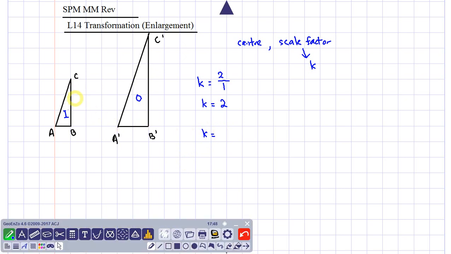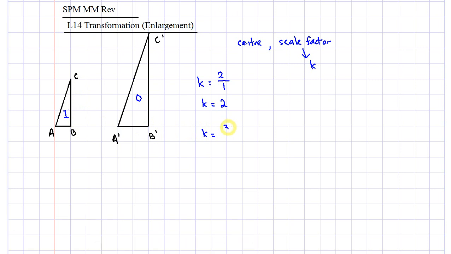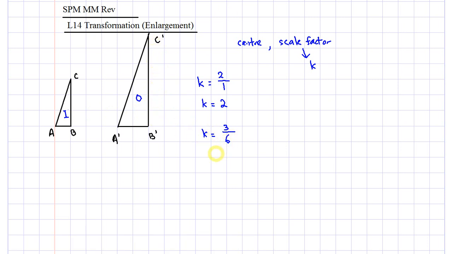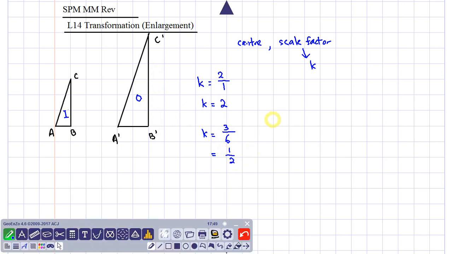I can choose this one, 1 2 3. If I choose BC, here I have to take B prime C prime. So this is object now. I have changed the object and image. So this is object, 1 2 3 4 5 6, 6. So the scale factor is 1/2. So now you should have no problem finding the scale factor for an enlargement.